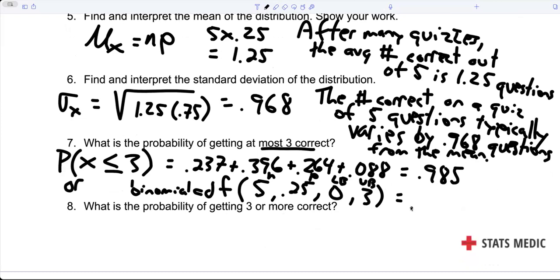And when I did that, I got 0.984, which is a little bit different from there due to some rounding errors. That's fine.